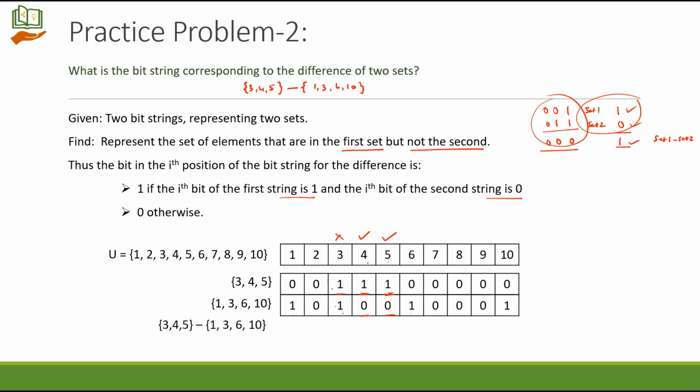So 3, 4, 5 difference 1, 3, 6, 10 will be this particular representation in bits. The set is 4, 5. So we have taken only these two elements for the difference operation result. So this is the actual question. I did not include the question in the top part, but this is how we'll be working for difference.